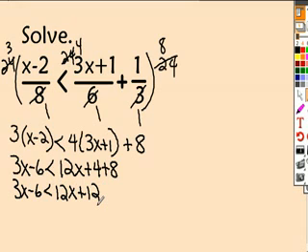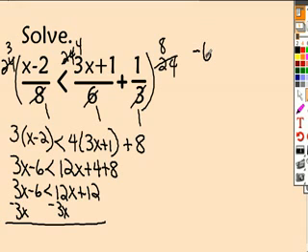Decide whether you want the x's on the left or the right. I think I want them on the right side, so I'm going to subtract 3x. That gives me negative 6 is less than 9x plus 12. Then I'm going to subtract 12.